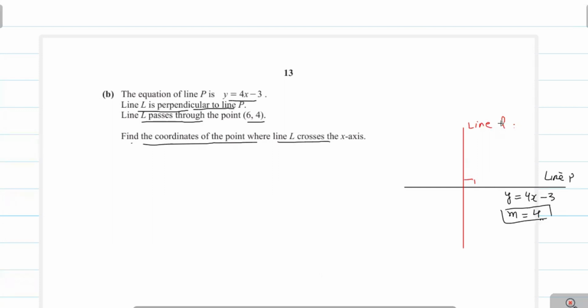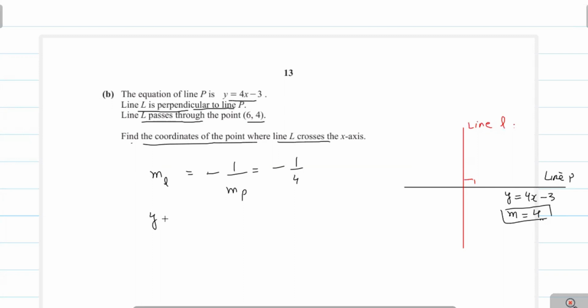Now, line L is perpendicular to line P, therefore the gradient of line L will be -1 over the gradient of P. The gradient of line P here is 4. Therefore, the gradient of line L will be -1/4.